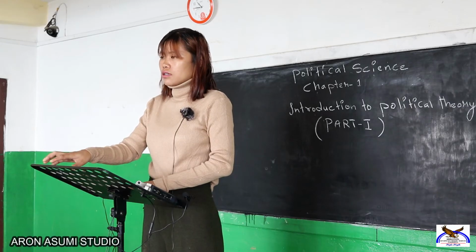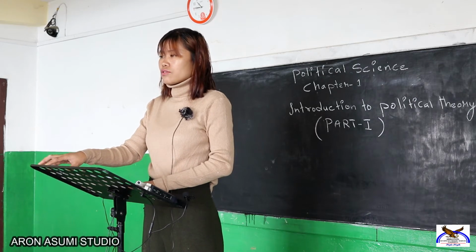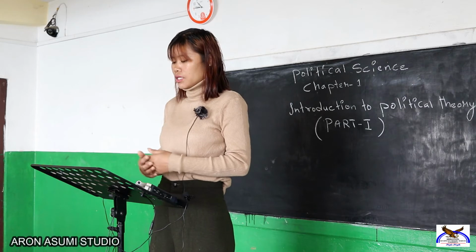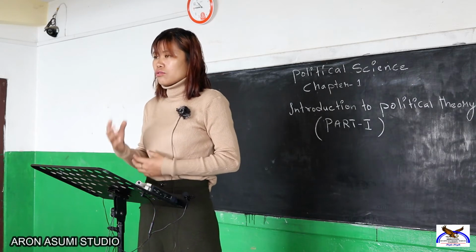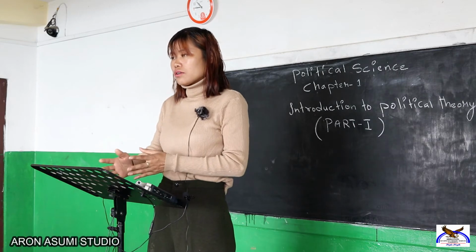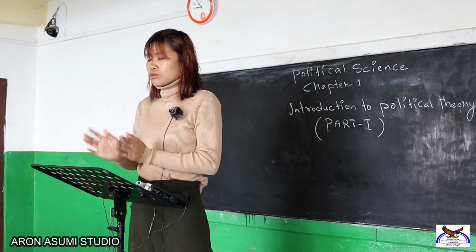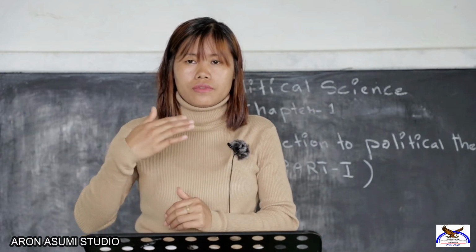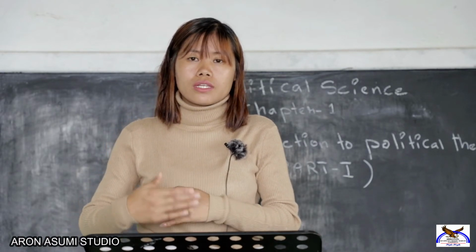By authoritative allocation, he means the binding decisions which can be taken only by a group of people or by small organs of the government. So in short, politics is all about who gets what, when, and how. So this is all about the meaning of political science.